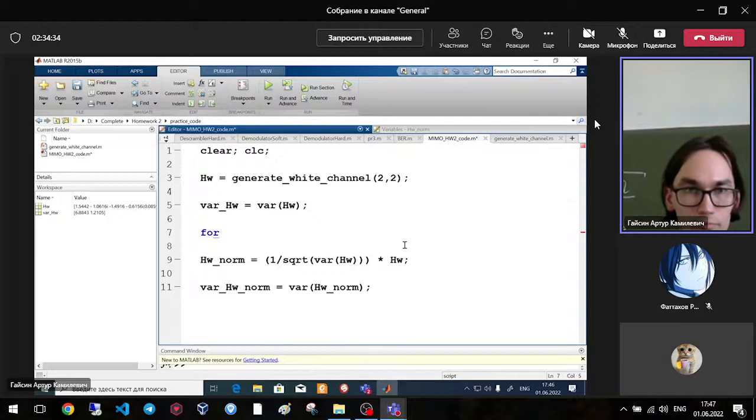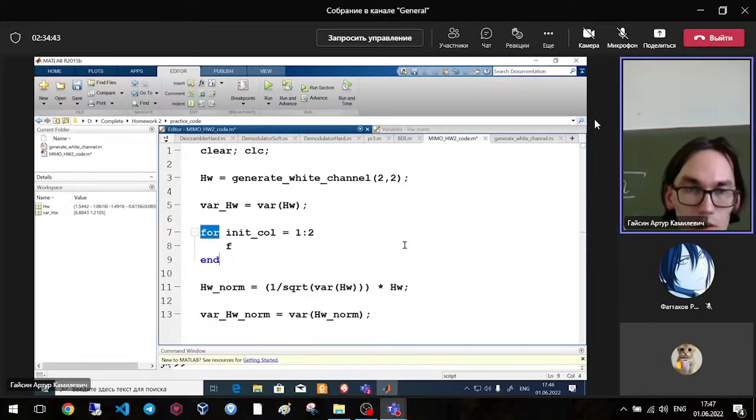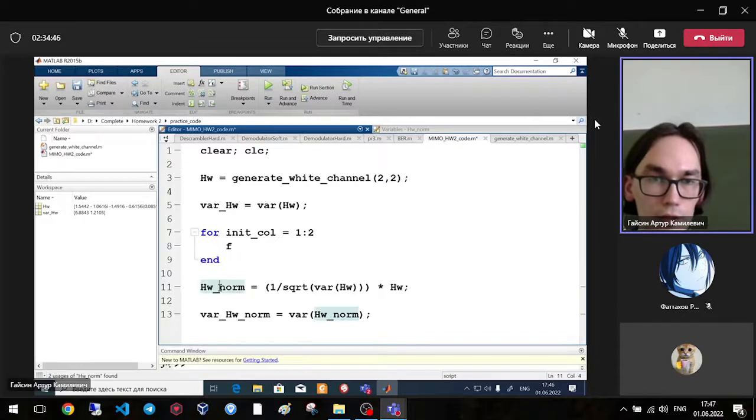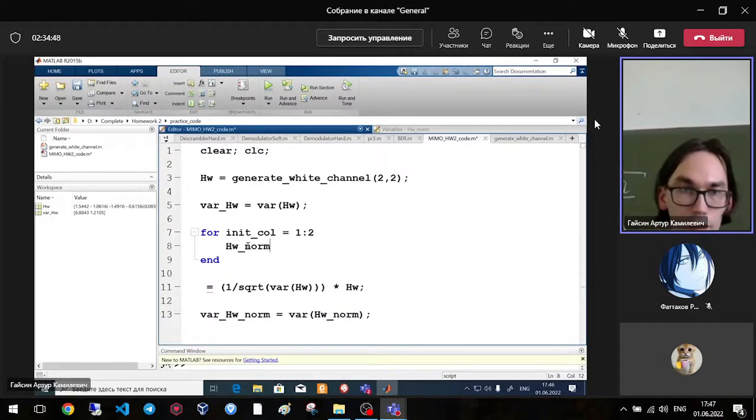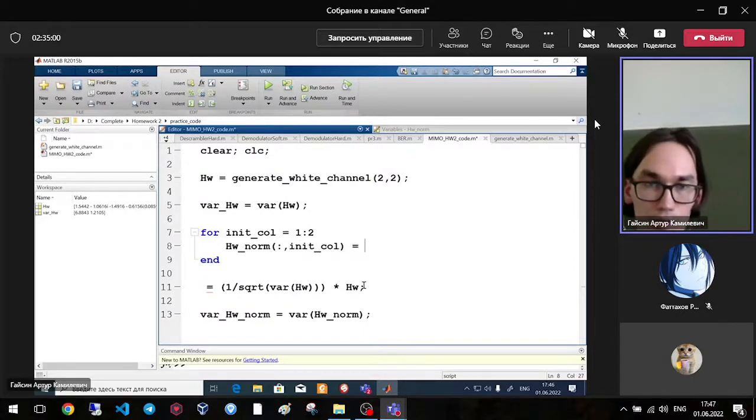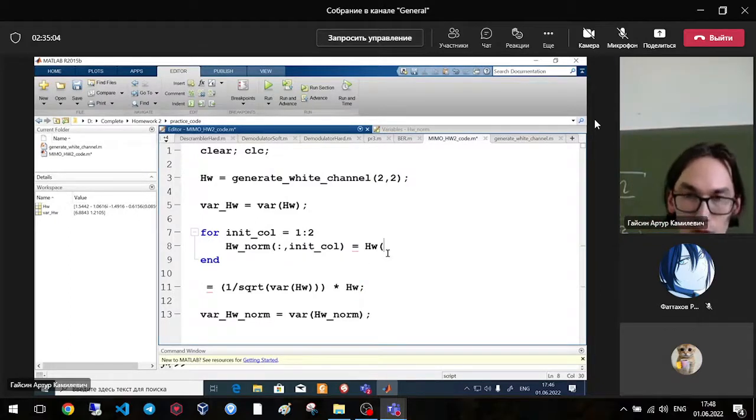So for init column from 1 up to 2 in this case, we save all rows for init column, and it is equal to all rows in the column here.